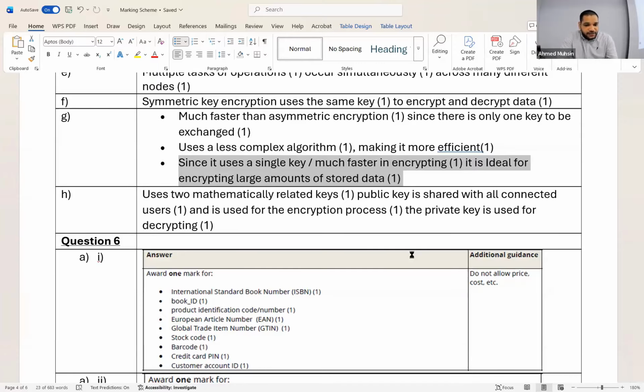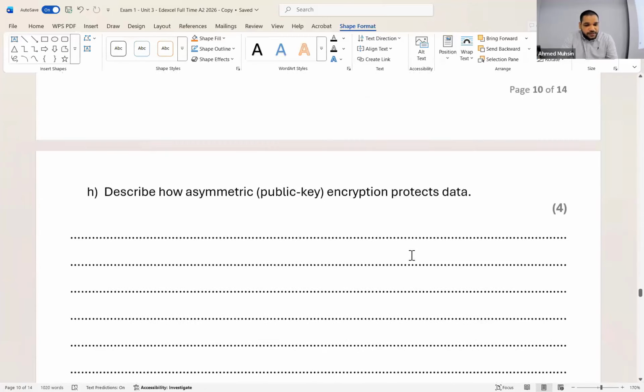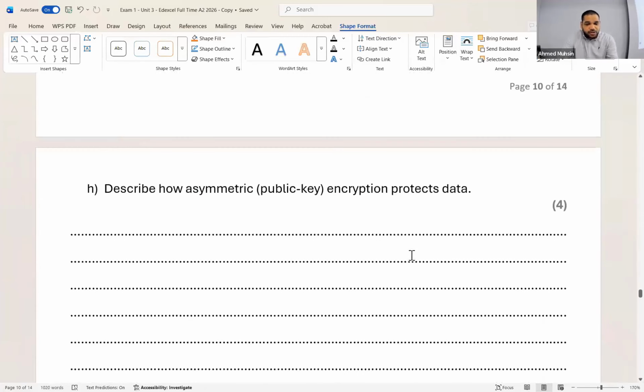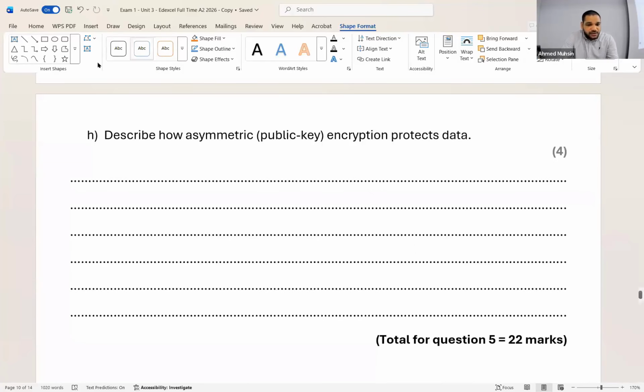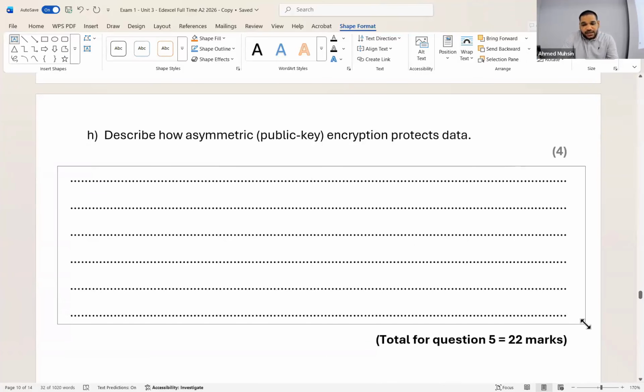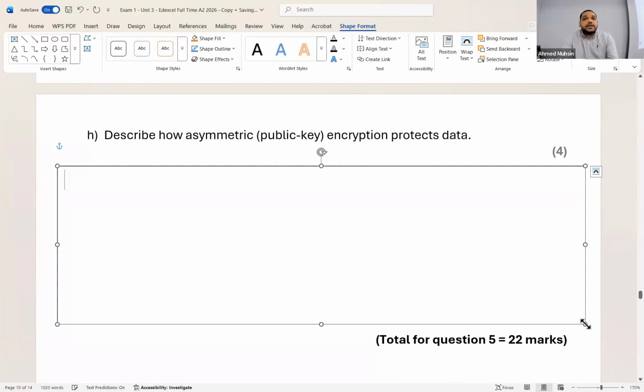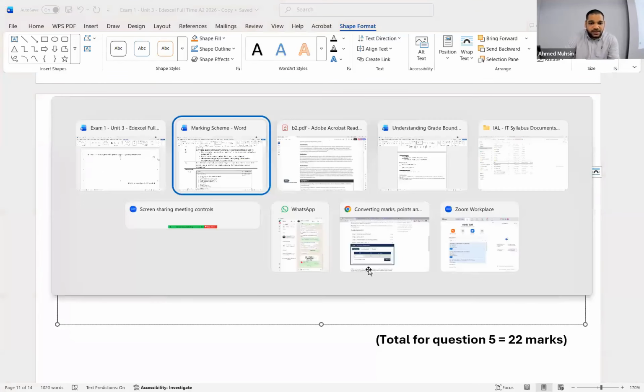All right, everybody, let's have a look at question H. Describe how asymmetric encryption protects data. To start from the beginning, both the sender and receiver have two mathematically related keys. Okay, we'll follow the examiner's pattern here.